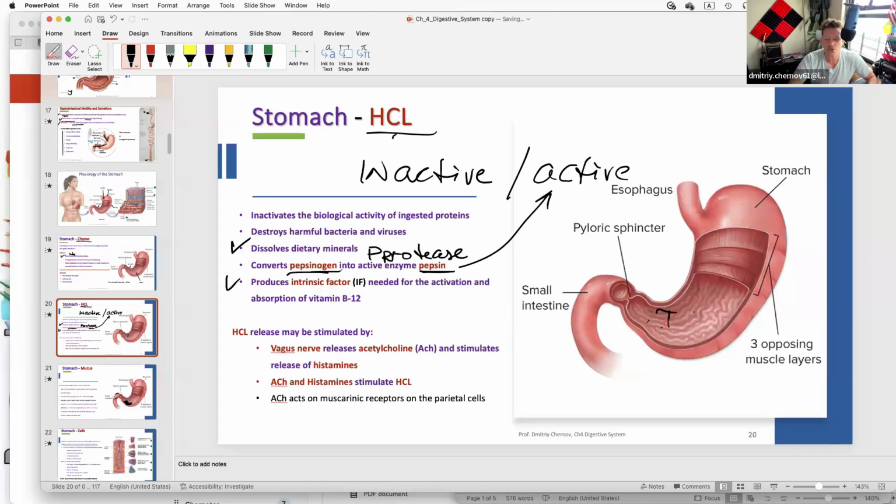Stomach produces a chemical that is called intrinsic factor. We need this for activation of vitamin B12.